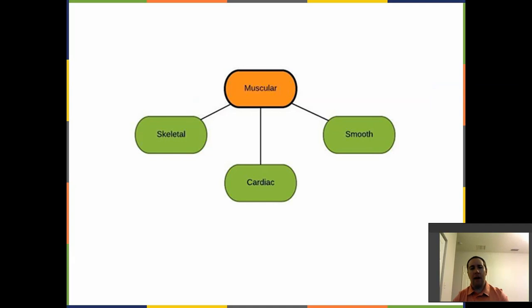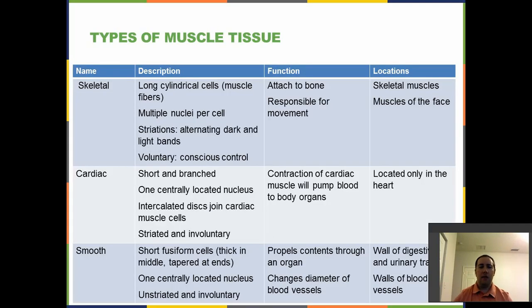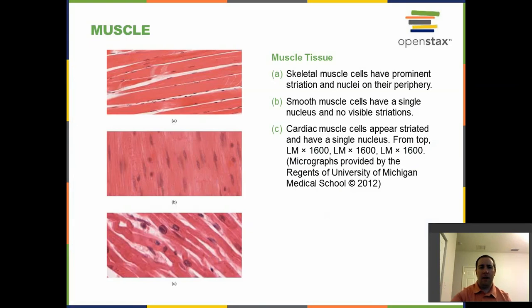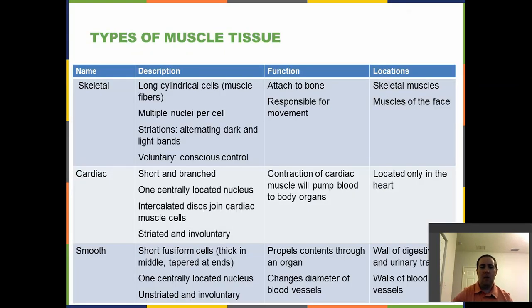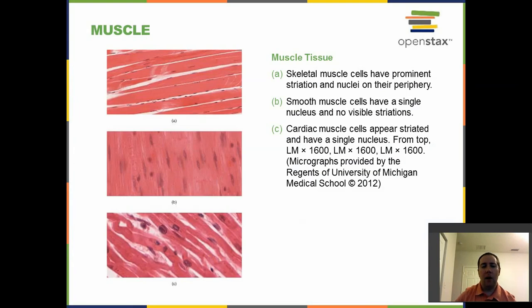So then we move on to muscles. And we have the three types of muscle tissue that we already saw. We have skeletal muscle, cardiac, and smooth. So I think, yeah, this table is for studying, and we'll talk about them on this slide where we can see them. So skeletal muscle makes up most of the muscle in our body.